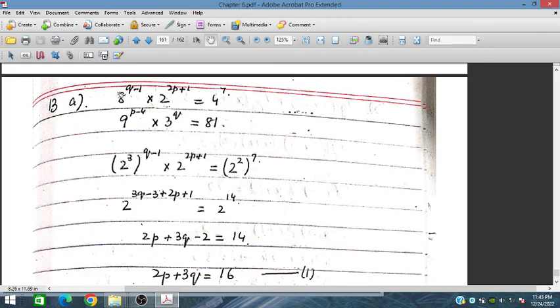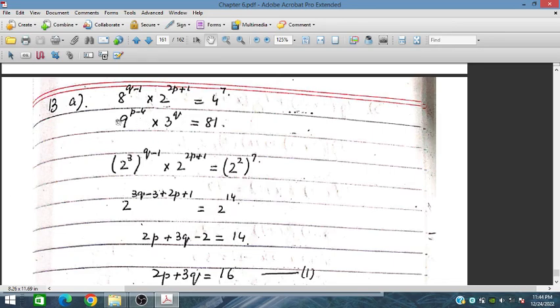From the first equation we write in the same base 2, and this is 2 cubed. So this multiplied with this one gives 2^(p plus 1), and we can write it like this. Similarly, for 2 to the power 14, the base is the same, so the powers will be the same.